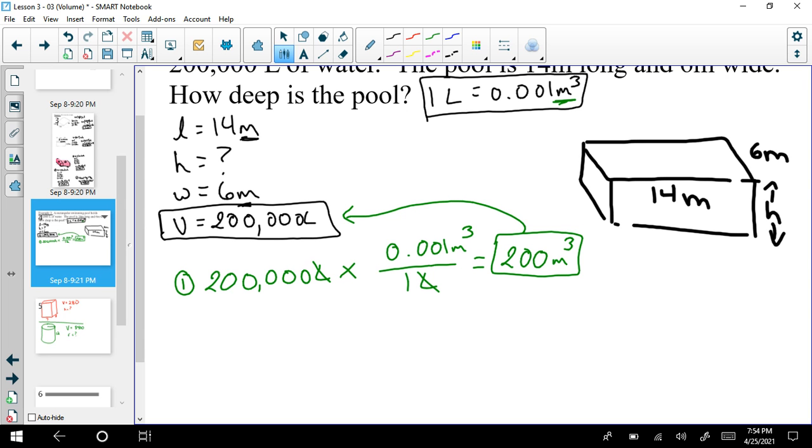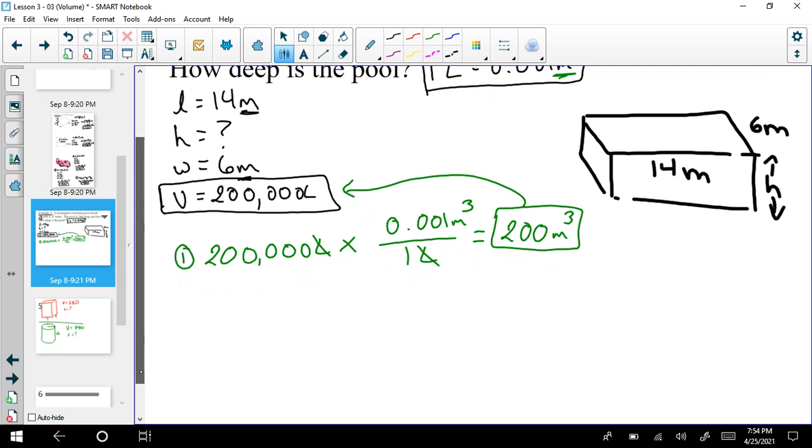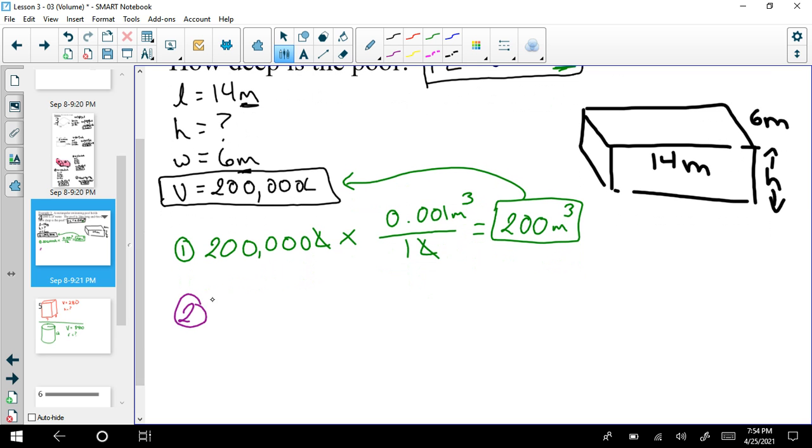Okay, so that is now my volume. So now what I can do is plug all of that information back into my volume equation for a cube, right? And so the equation for this, again, we've been using it all through, my volume equals my area of the base, so my length times my width, and then I times my height, right? And I have all this information already that I can plug right into it.